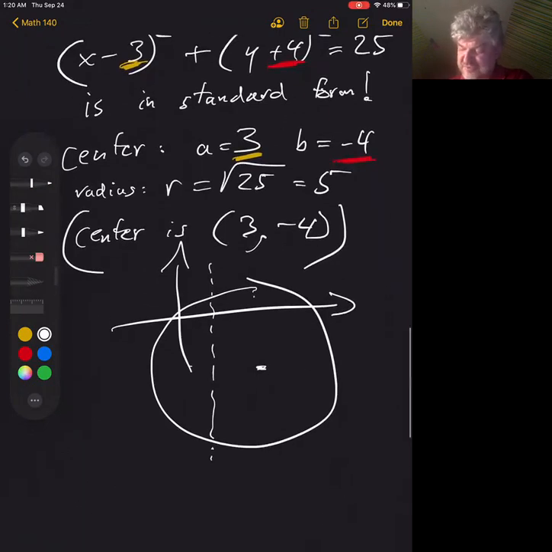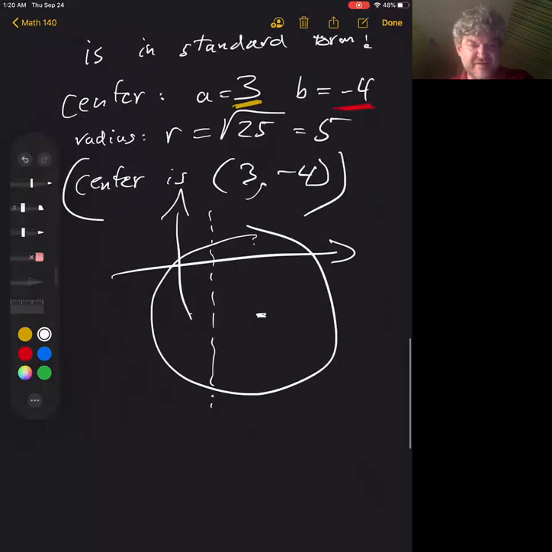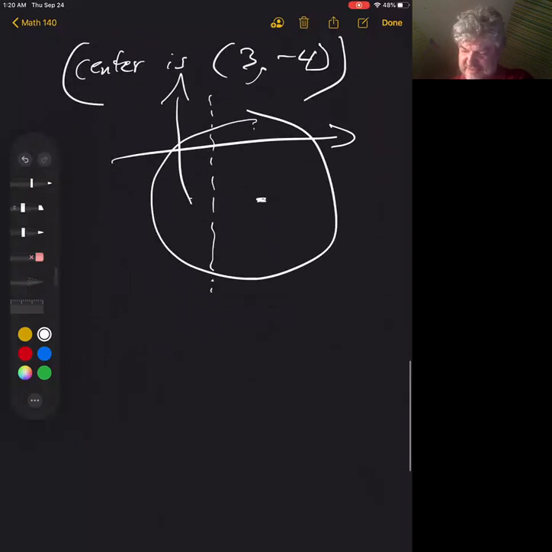Now we can also go the other way. That's the last thing I should do, and that is, given various things about the circle, find me an equation in standard form.